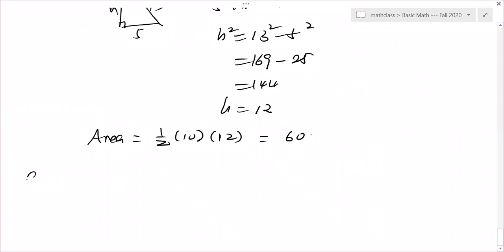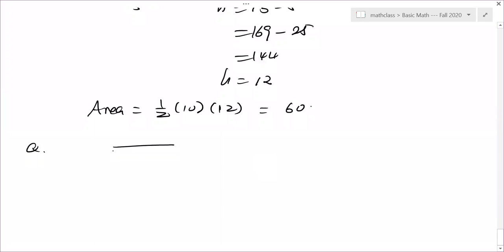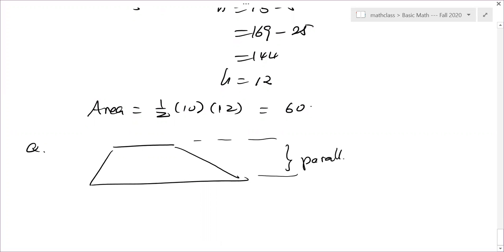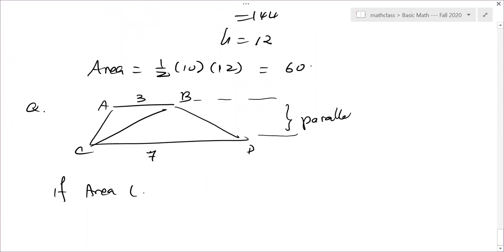All right. So let's do one more problem. Then I'm going to work on some others. Okay. So we have a trapezoid. Trapezoid means these two lines are parallel, right? I draw the line here, and this is going to be 7. So if the area of the triangle ABC is going to be 7, what is the area of the triangle BCD?